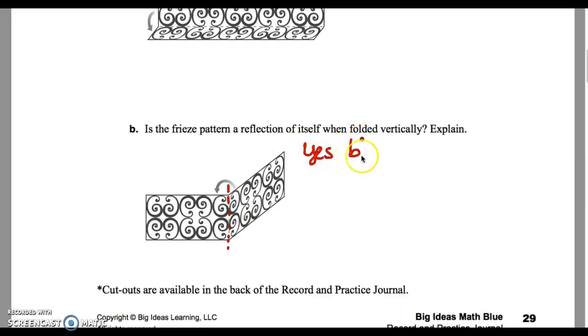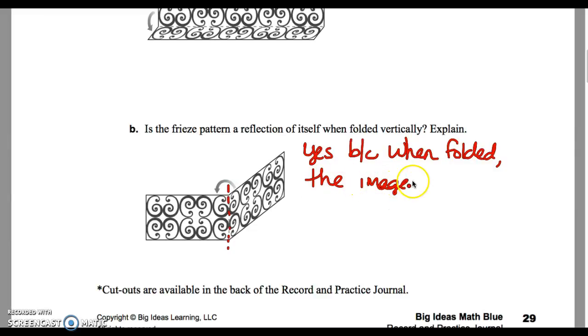Yes, they are reflected because when folded, the images line up perfectly. So if you think of just folding a paper and then seeing if they match up, or if you were going to do a reflection of this image, fold the paper in half and then just trace it where it would be over on the other side.